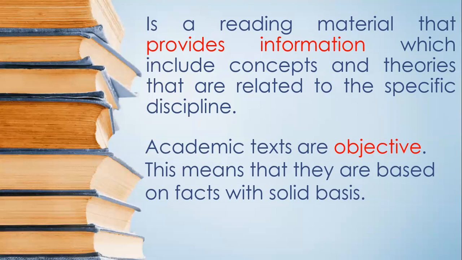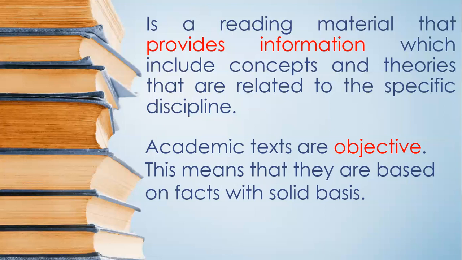And please take note, they are not just based on facts, but facts with solid basis. So technically, academic texts are empirical. And when we say empirical, these are facts with solid basis or based on solid or concrete experiences.